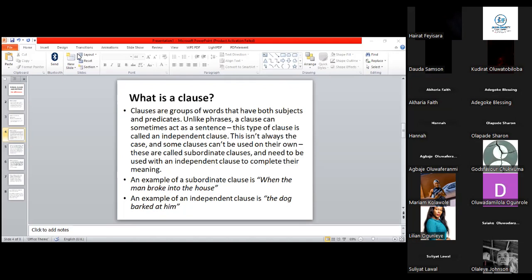So from the word, an independent clause is a clause that can stand on its own, that can function on its own, a clause that can dictate its meaning in itself.